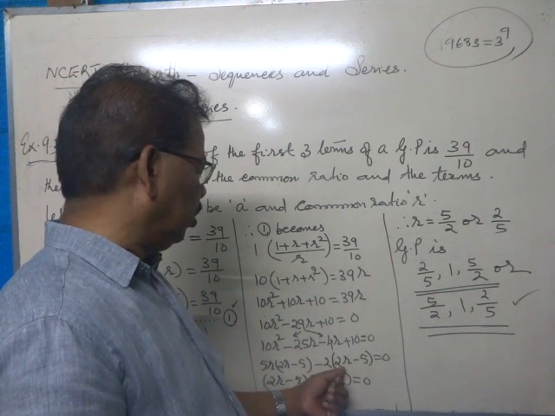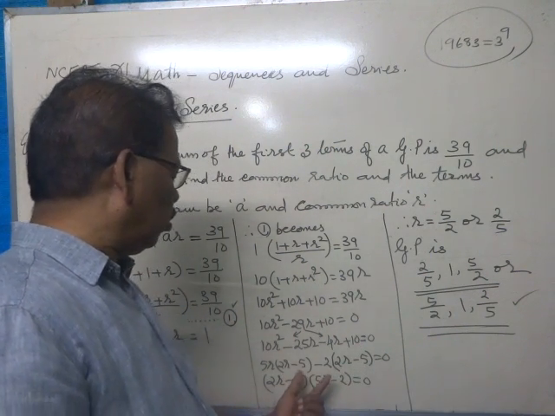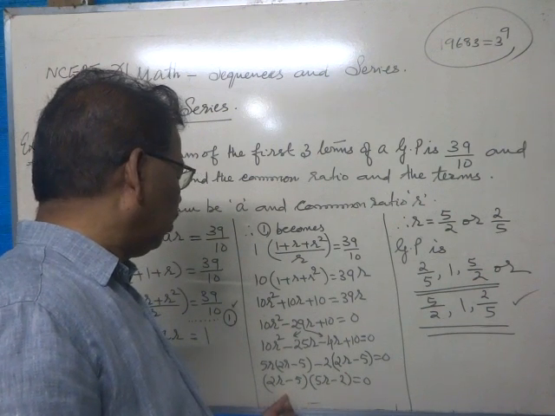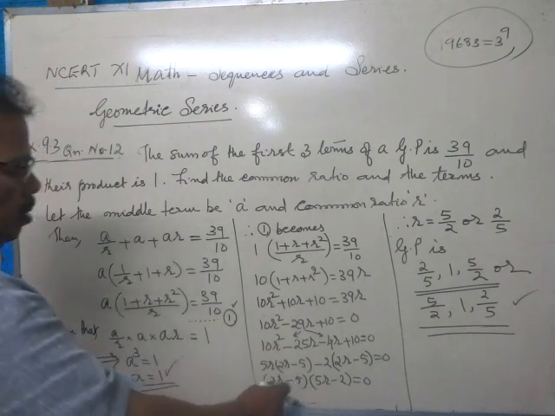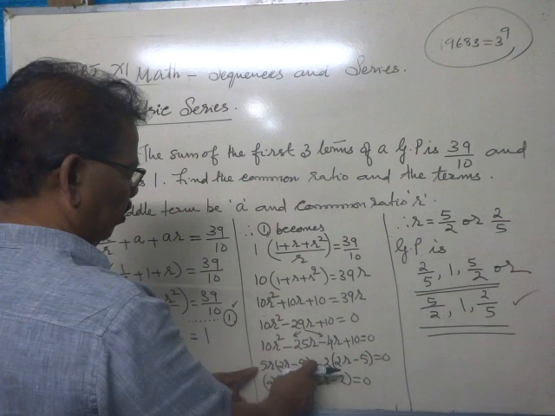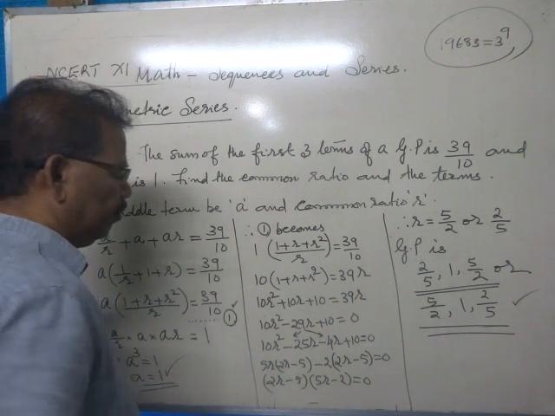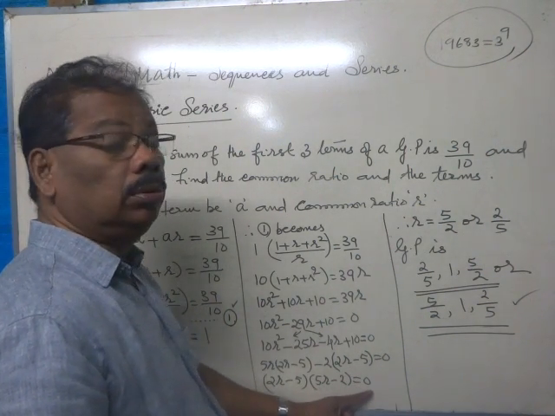Dividing by minus 2, this is 2R. Here it is minus 5. Now 2R minus 5 is a common factor. When 2R minus 5 is taken as common factor, the first term divided by 2R minus 5 gives 5R, and the second term divided by 2R minus 5 gives minus 2, equal to 0.